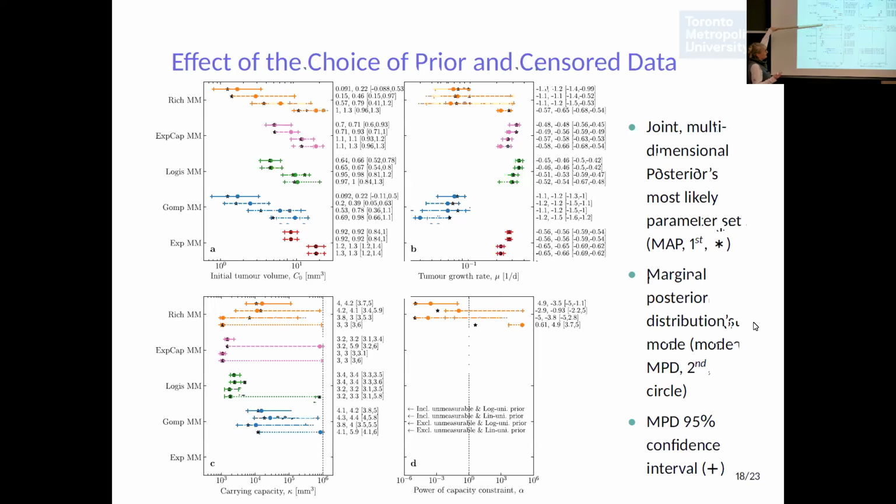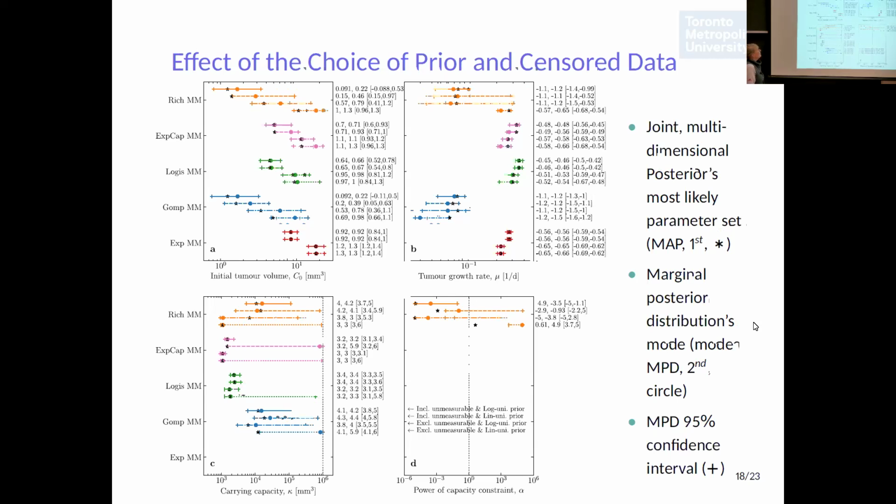So I would argue it's the best estimate that we can make of the posterior. The line just below it is with a linear uniform prior, but also including the unmeasurable data. The third line is excluding unmeasurable data and using a log uniform prior. And then the bottom one is excluding unmeasurable data and using a linear uniform prior.